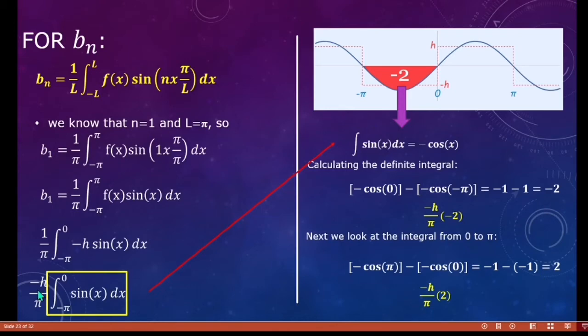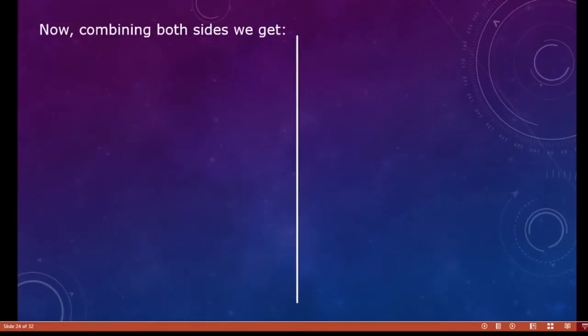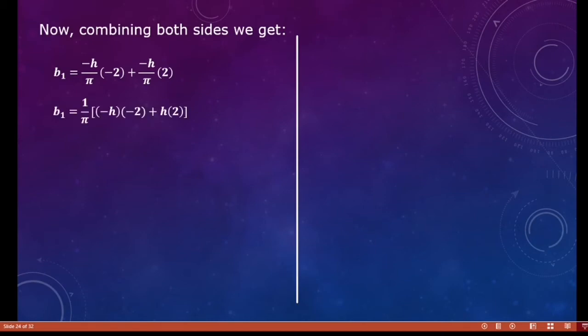Which means we have negative h over pi times positive 2. Now let's combine both sides. So we have b sub 1 equals negative h times negative 2 over pi plus negative h times 2 over pi. Simplify natin, and we got b sub 1 equals 4h over pi. So we have now our first coefficient, b sub 1.